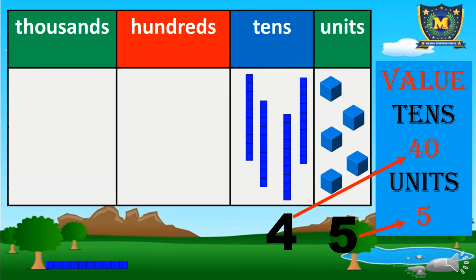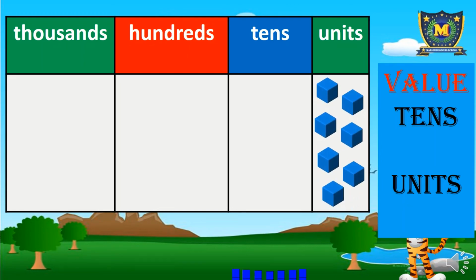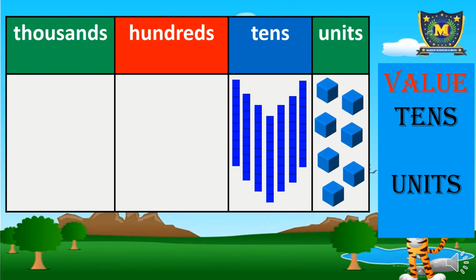Now this time I set up, you count and tell me the value. Again, I set up, you count and tell me the value. Ready? Now let's start. Set. How many units do we have here? If your answer is 7, then you're right.